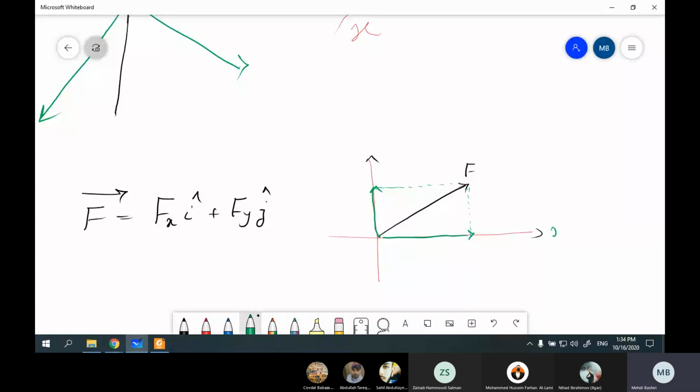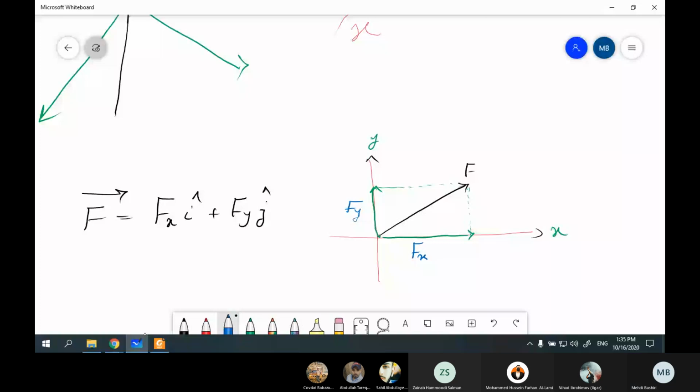This is axis x, and this one is axis y. The component of the force F that is along the axis x would be Fx, and the component of the force that is along the axis y would be Fy. Okay.